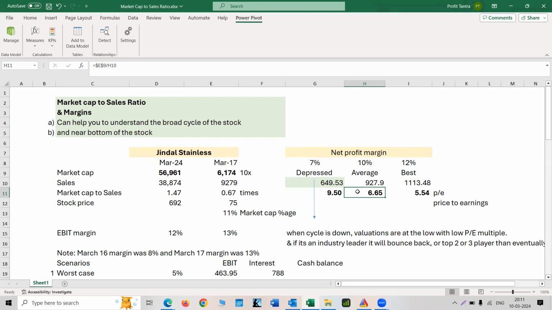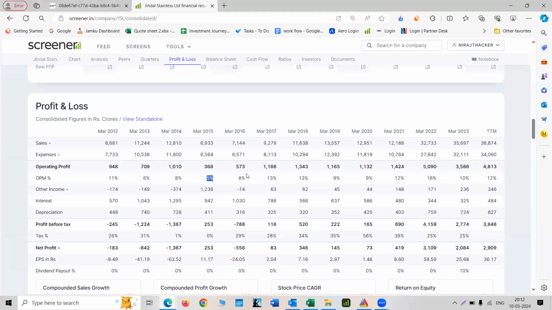You can start slowly accumulating the stock, and if you have a long-term holding period for that particular stock or sector, then margin improves. If you see here, then slowly from 5, next year is how much?